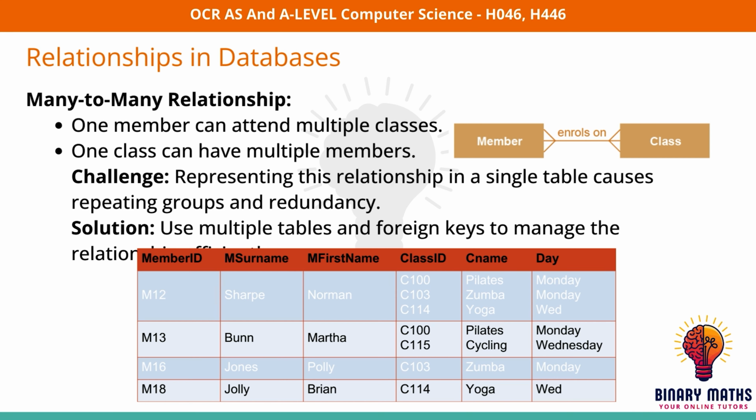If we try to represent this in a single table, we end up with repeating groups of data. For example, if a member attends 3 classes, their name and address would be repeated 3 times. This is inefficient and can lead to data inconsistencies. So how do we solve this? The answer is normalization.